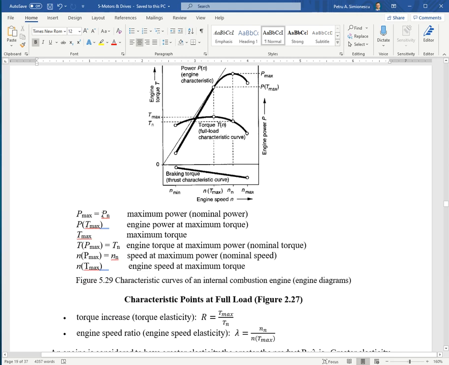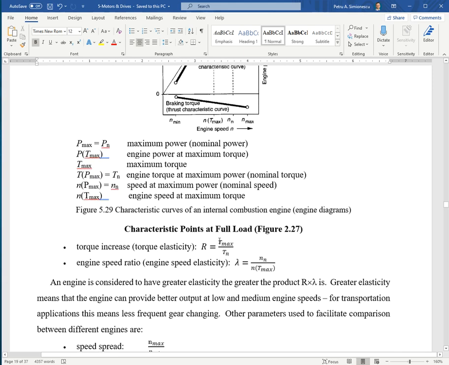So we have maximum or nominal engine power, maximum torque, nominal torque, which is torque at maximum power, RPM or speed at maximum power, and speed at maximum torque. In order to compare engines, we have some parameters that are used in comparisons, and one is torque increase or torque elasticity.